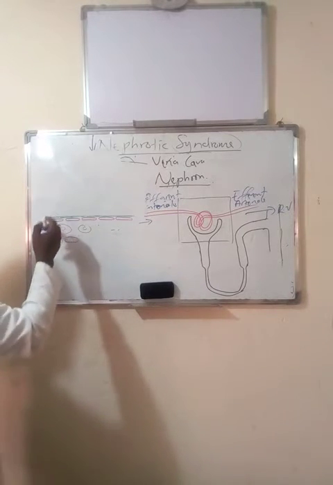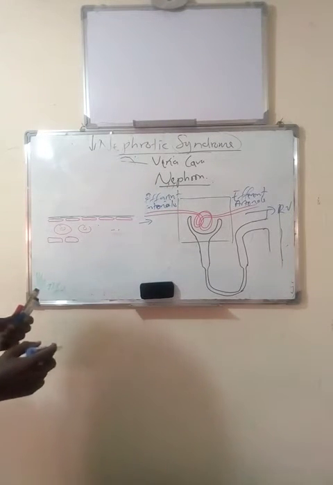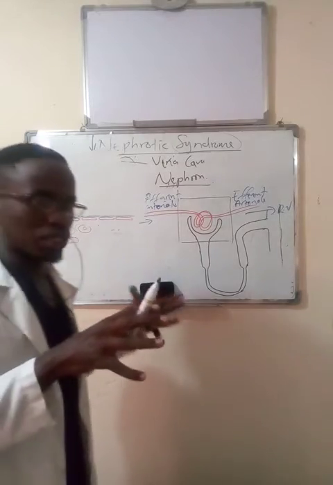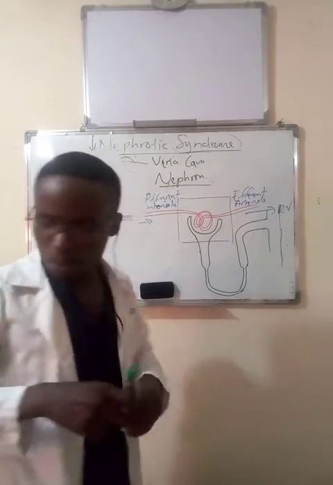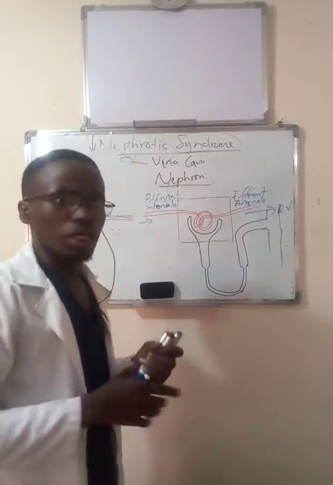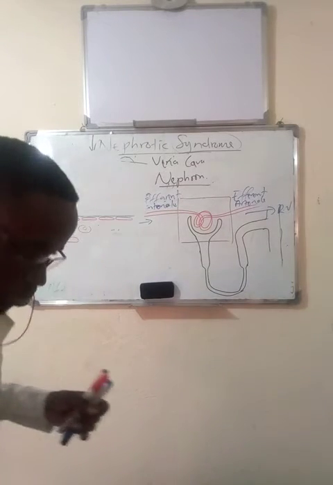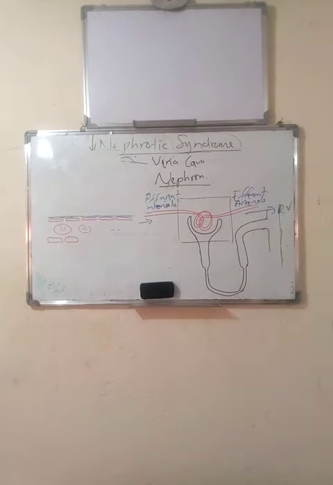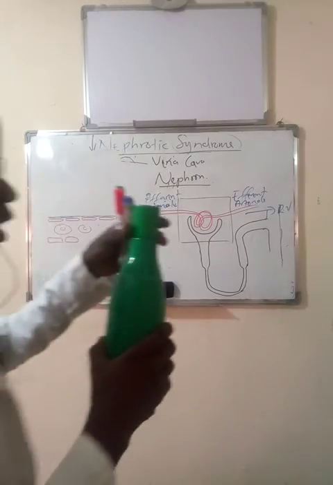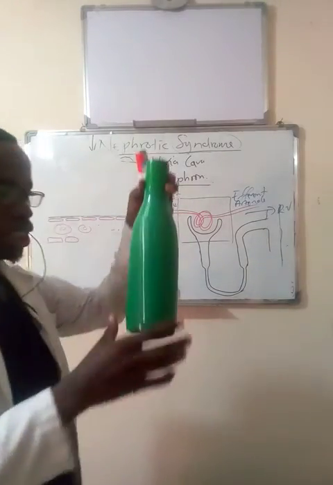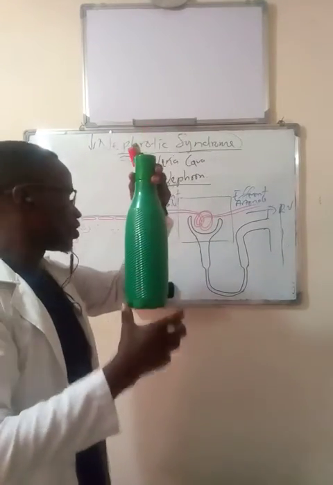It's as if I'm holding, let me get something like this. Let me give this illustration. Let's say this is the capillary, which is the glomerulus, and this is the basement membrane, what you're able to see from the outside.